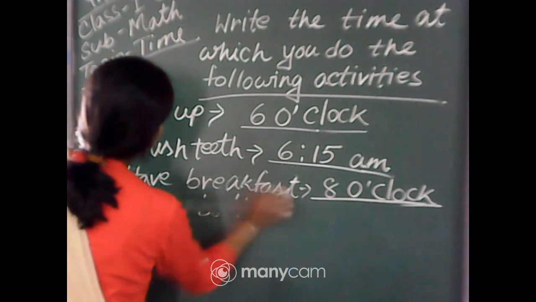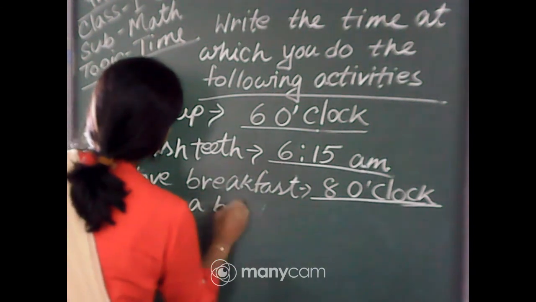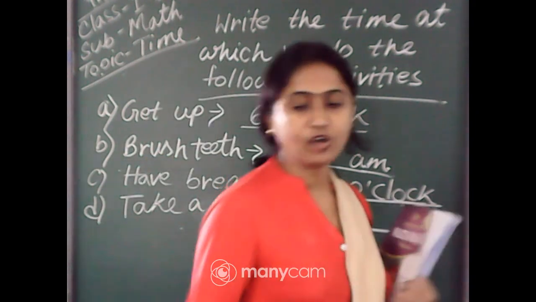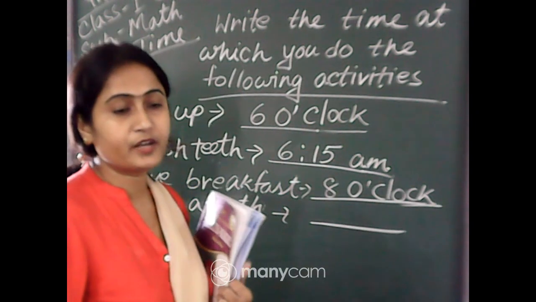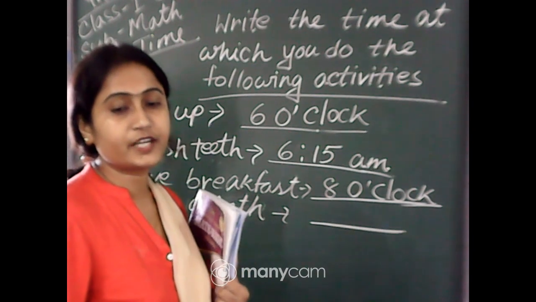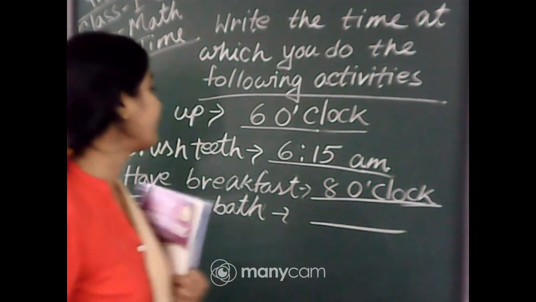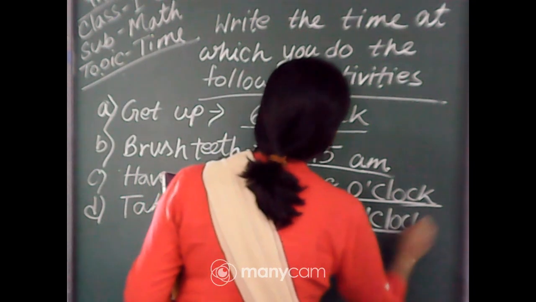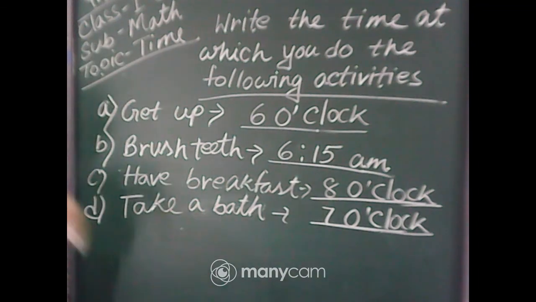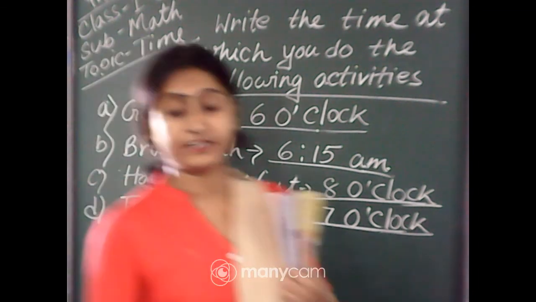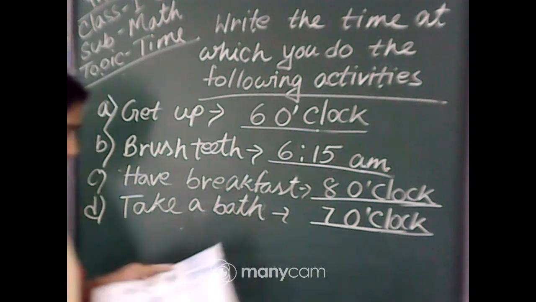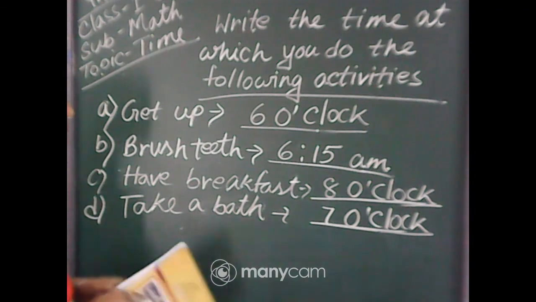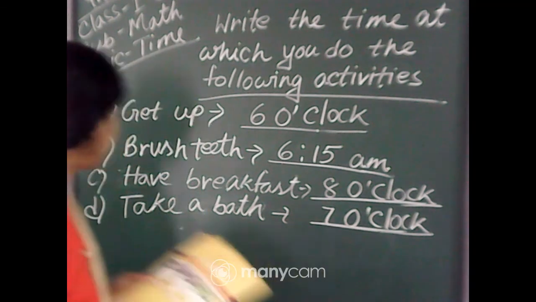When do you take a bath? If you take a bath at 10 or 11 o'clock, you can write that, no problem. But in the morning, before we come to school, you should take a bath, so you can write 7 o'clock. Next, have lunch.